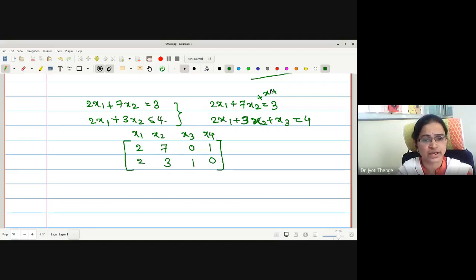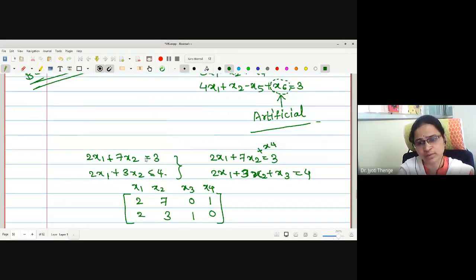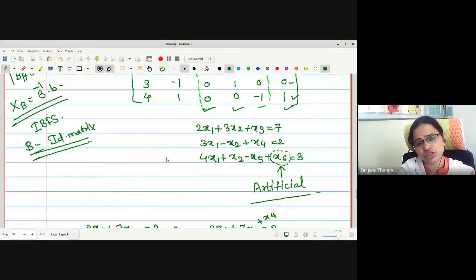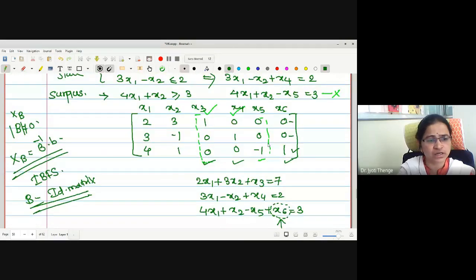So at this stage, we have to introduce one more variable called an artificial variable. Artificial means this is not a real variable. The variable was introduced just in order to complete the identity matrix so that we can proceed to find the initial basic feasible solution. Is the idea of introducing the artificial variable clear to everyone?